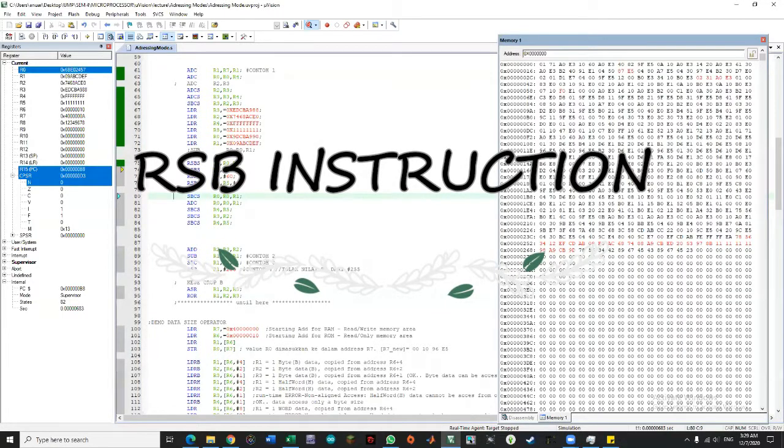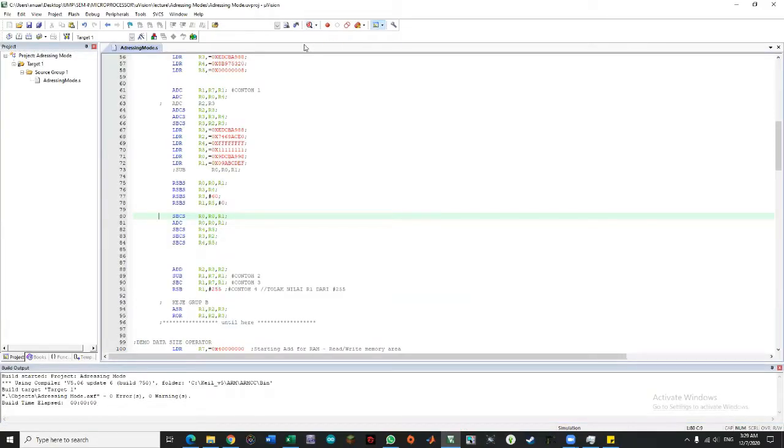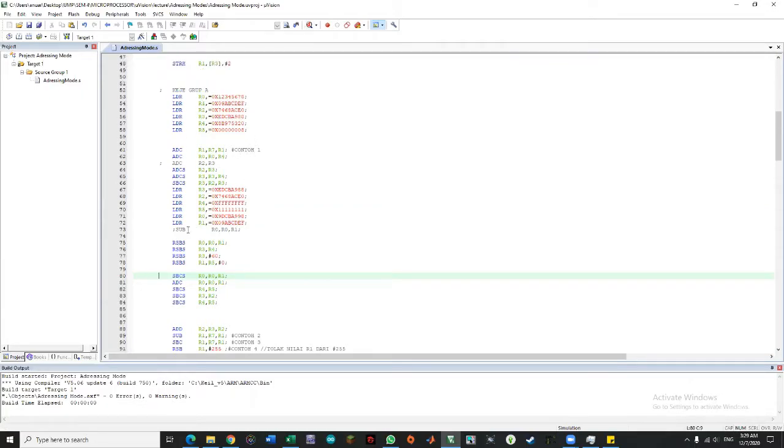Assalamualaikum warahmatullahi wabarakatuh. Now we'll proceed to the RSBS instruction. So the RSBS instruction is the opposite of the SUB instruction, which means if SUB R0, R0, R1, it means that R0 will subtract the value of R1 and store in the R0 register.